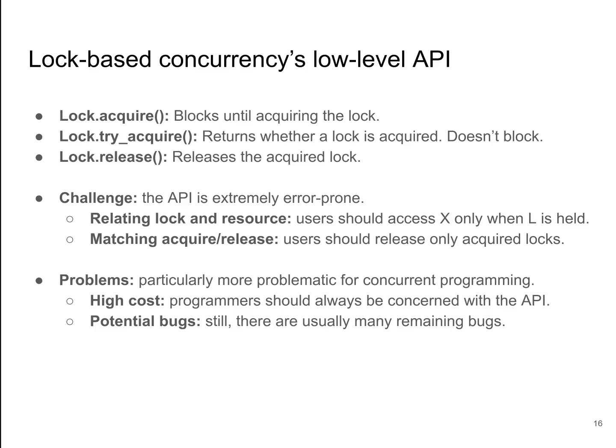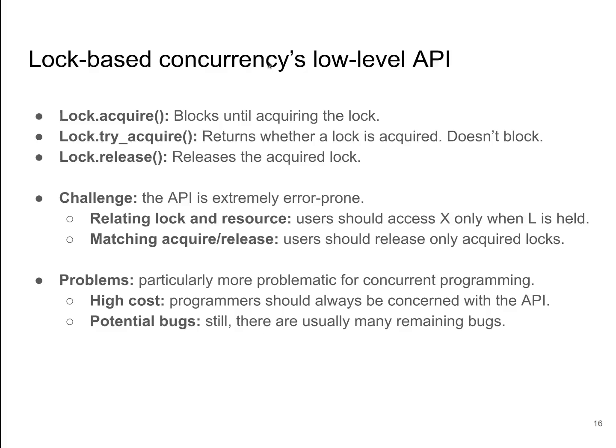Oh, I tried to acquire the lock, but I failed because another thread has acquired it. So I didn't acquire the lock. Or it may return true, which means that I successfully acquired the lock. The third API is release, that is releasing the lock that I have already acquired previously.